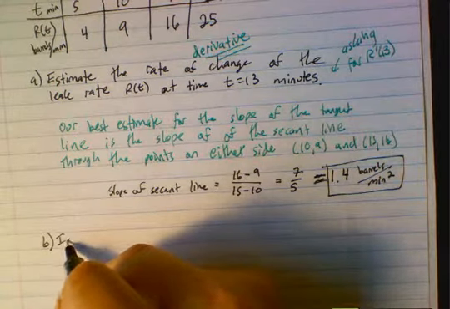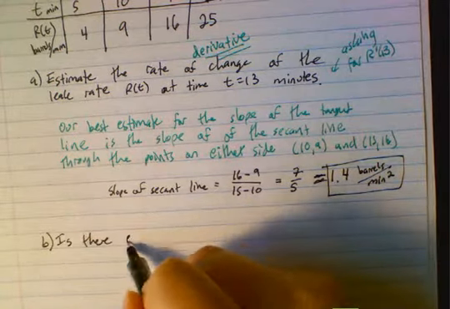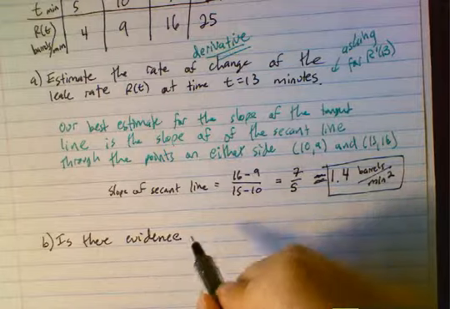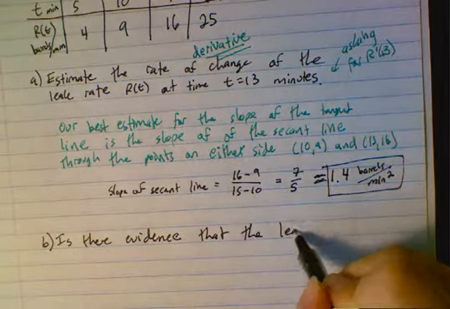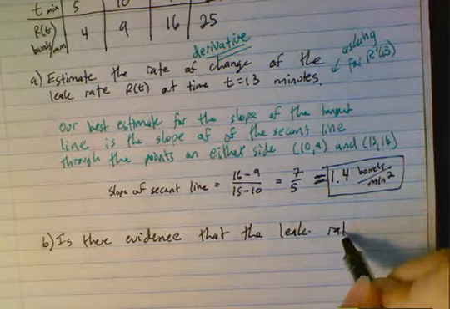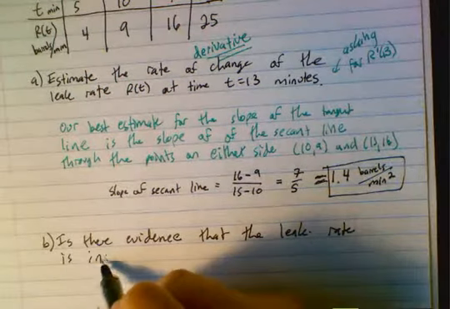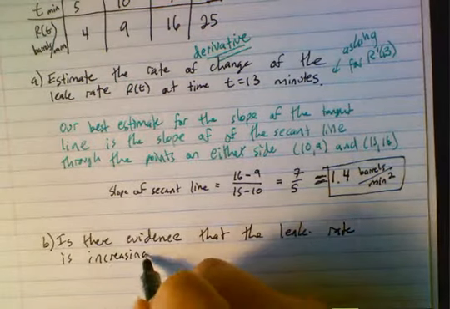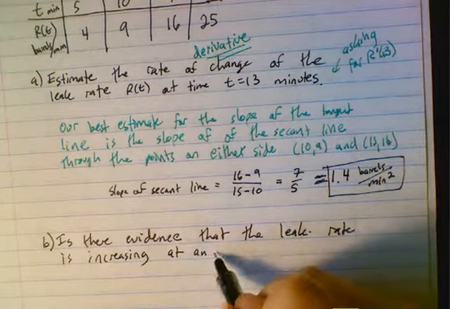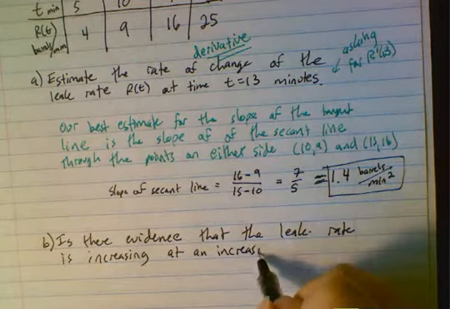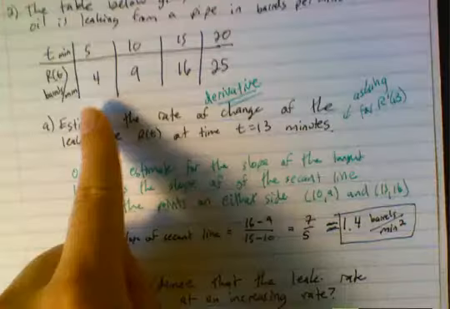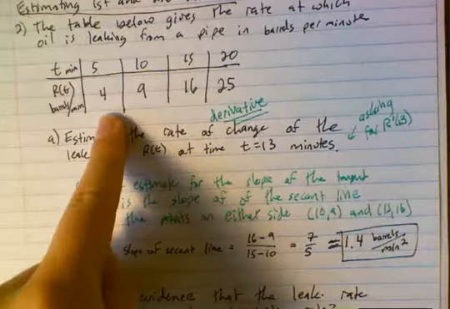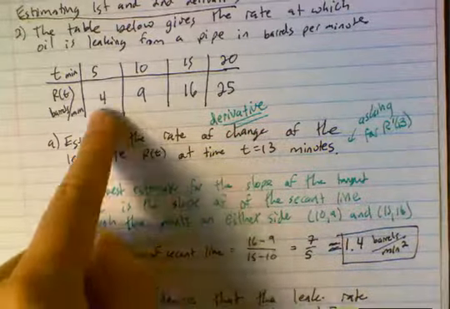Part B. Is there evidence that the leak rate is increasing at an increasing rate? So we can tell the leak rate R is clearly increasing here, but is it increasing faster?